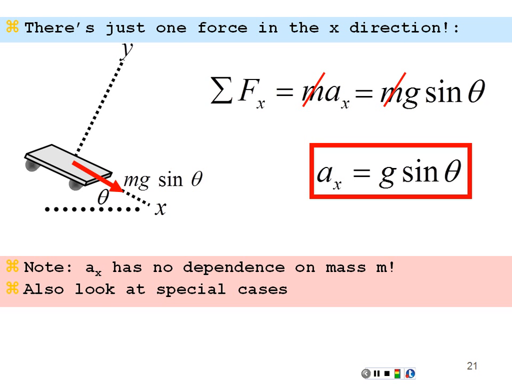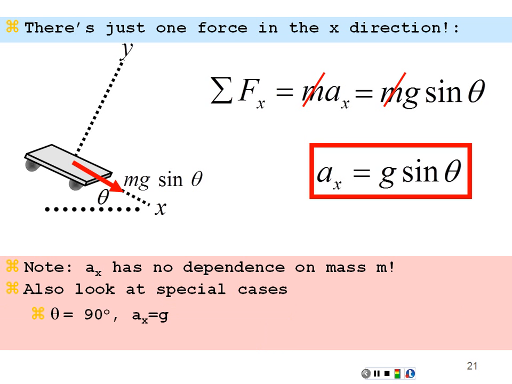So theta is 0. What's my acceleration down the incline then? Well, if theta goes to 0, the sine of 0 is 0, and my acceleration would be 0, and this object would not go down the incline. It would be on a flat plane, so there would no longer be an acceleration down the incline. So that makes sense.